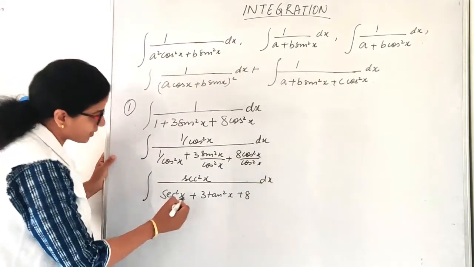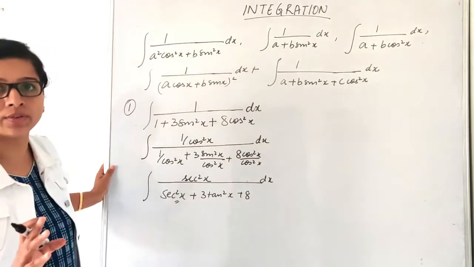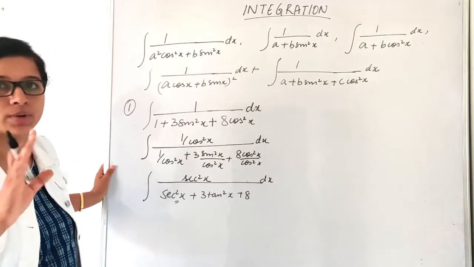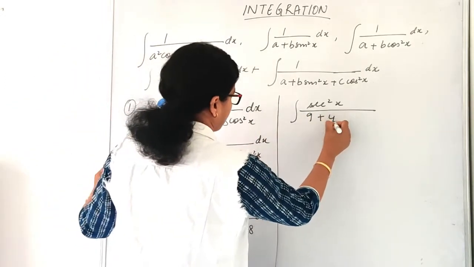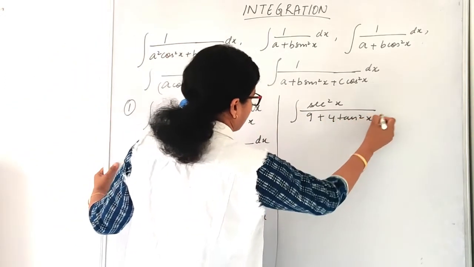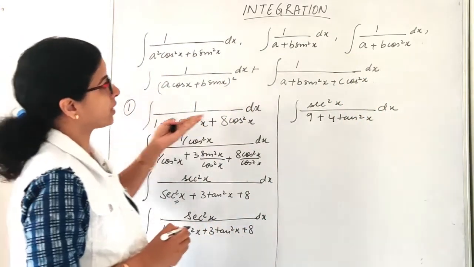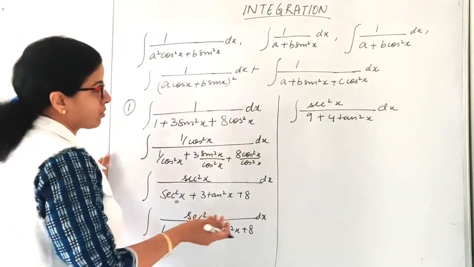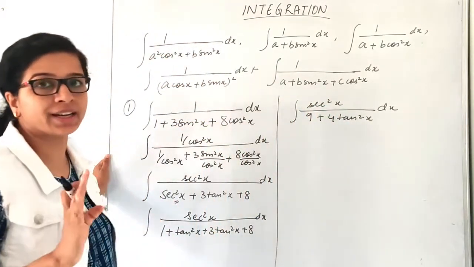Now I will convert this secant square x into 1 plus tan square x. So whenever in the denominator you have secant square x, please convert it into 1 plus tan square x. Okay. Now so I am able to convert this integral into this form, right? So already we know that the differential of tan x is secant square x, so we'll take tan x as t.